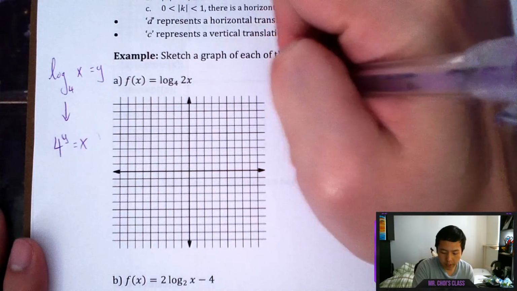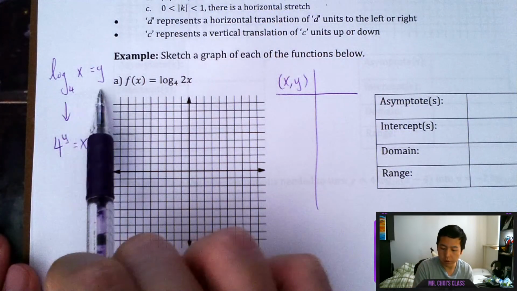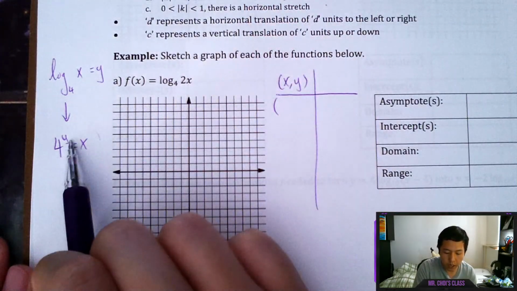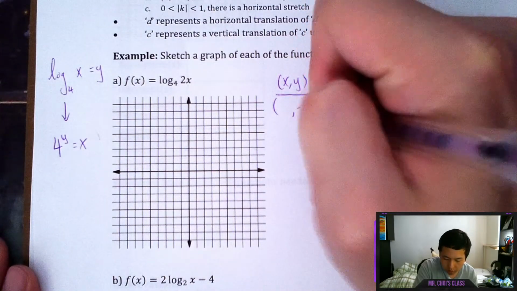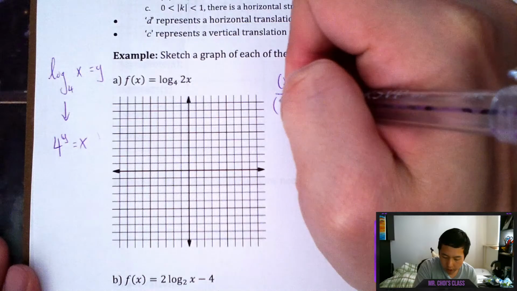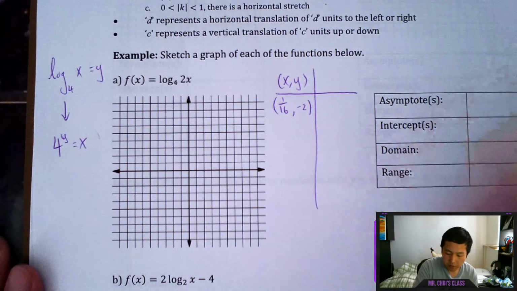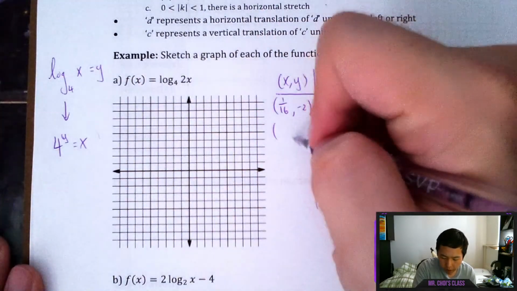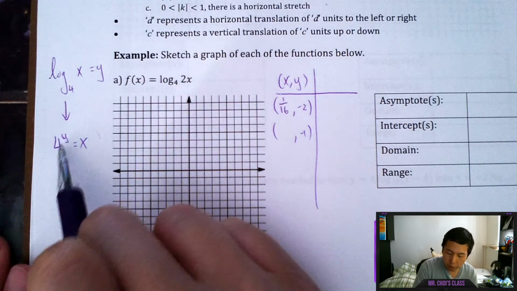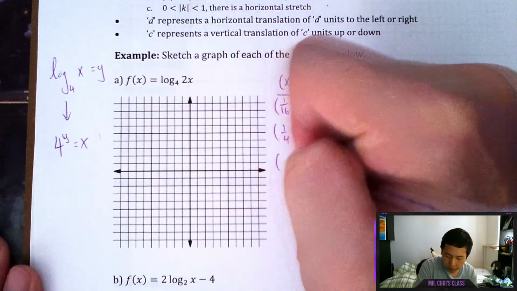So when we have x and y for our parent function, our root function with no transformations, we're saying that if y is -2, then 4 to the power of -2 should be 1/16. Then for y equals -1, 4 to the power of -1 is 1/4.